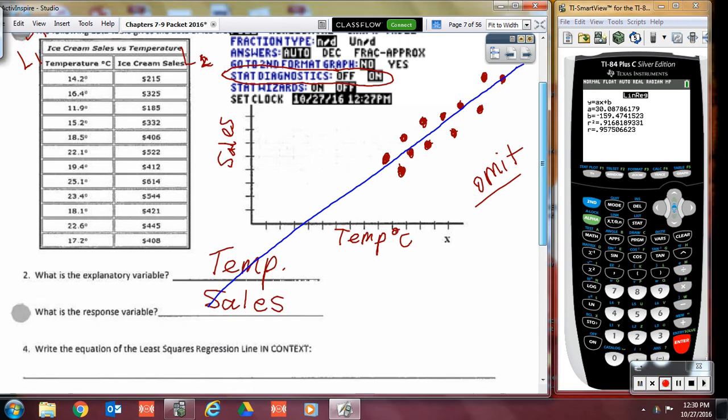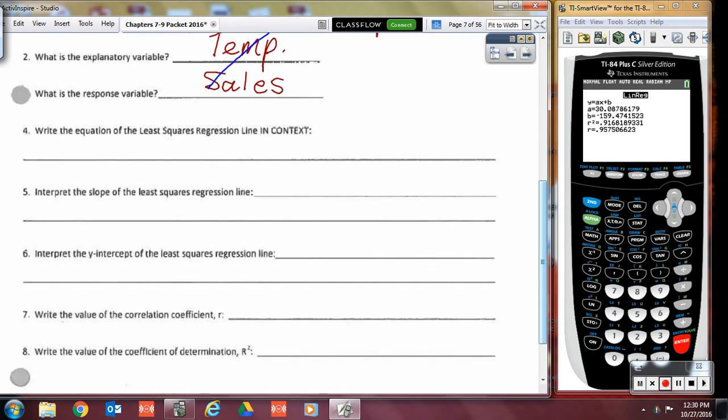Now that we have our equation of our line, we're going to write that down in context. So our Y variable is sales. Go ahead and write down your equation of the line, putting in the words for the variables. That's what I want you to do with it in context.